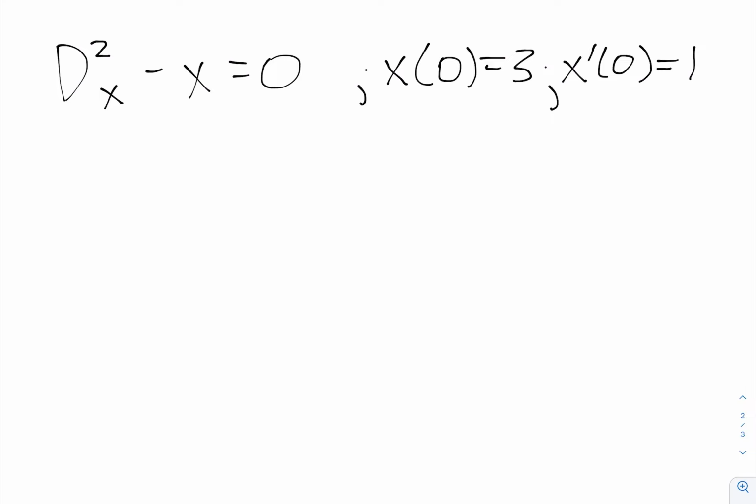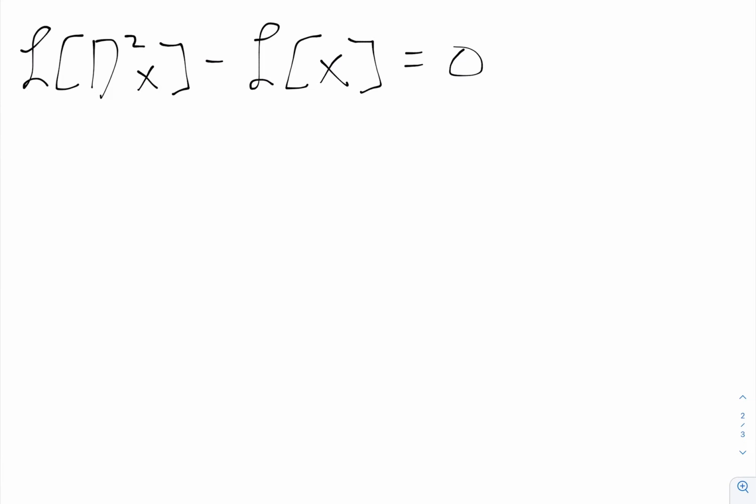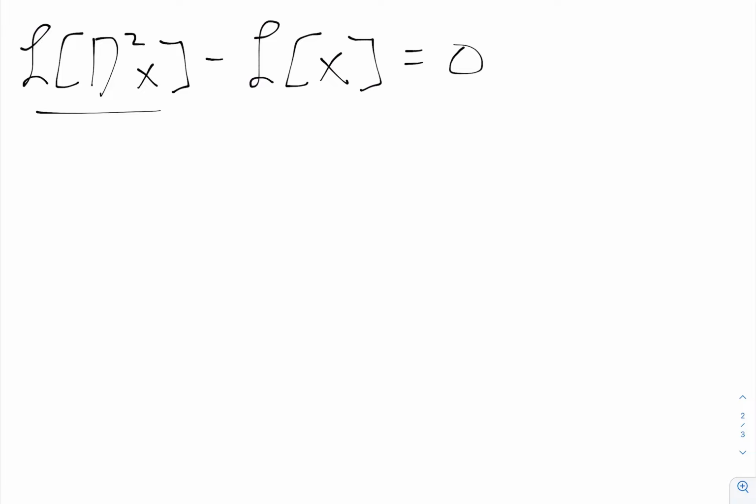Okay, well, we know that we can take the Laplace transform of everything with a plus or minus sign between it. So let's take the regular Laplace of d squared x, and let's subtract the Laplace of just x, and we know that's going to equal the Laplace of 0, which is just 0. Now we have to consider what both of these are going to be.